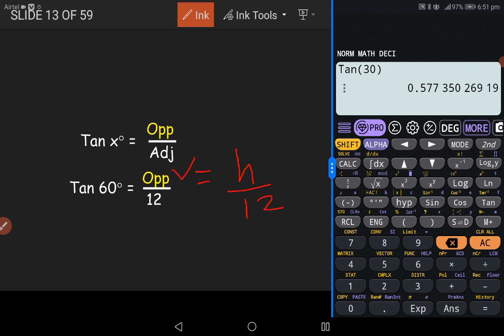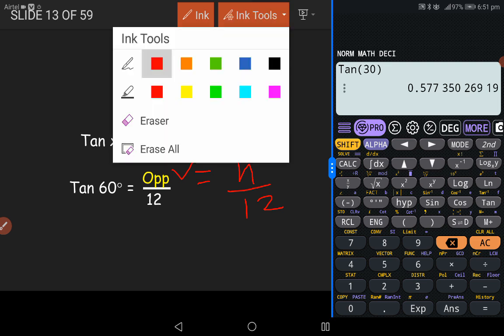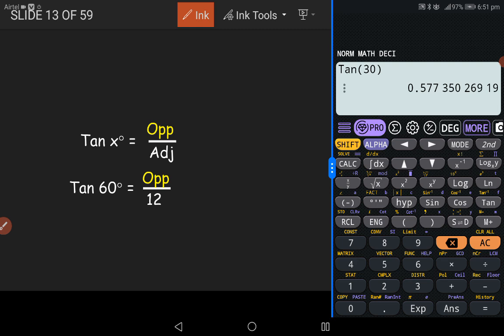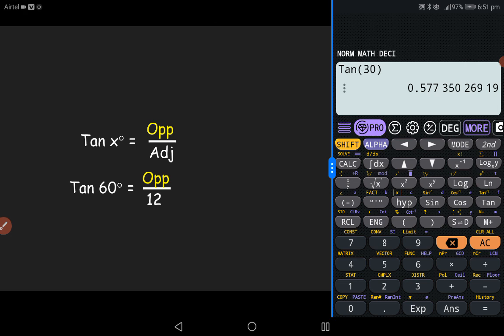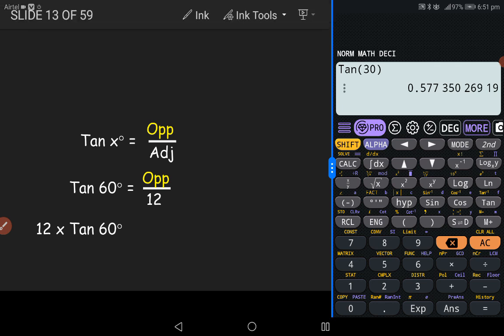This calls for your knowledge of change of subject of formula. We are solving for the opposite side, which happens to be the height. To do that, all you have to do is multiply both sides of this equation by 12. So multiply this side by 12, also this side by 12.